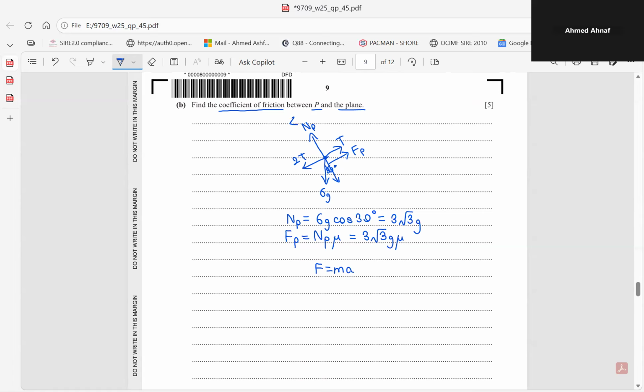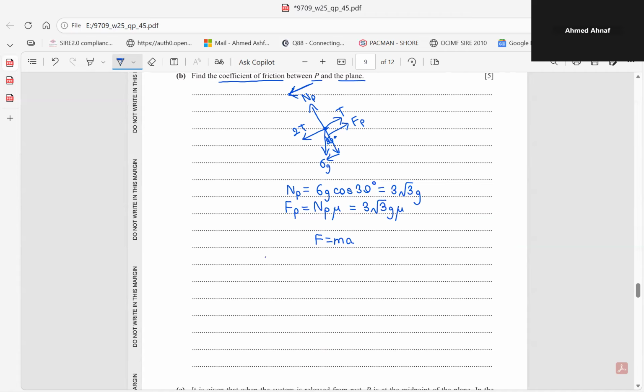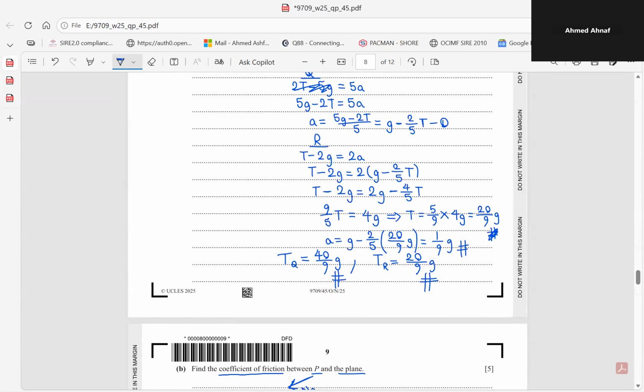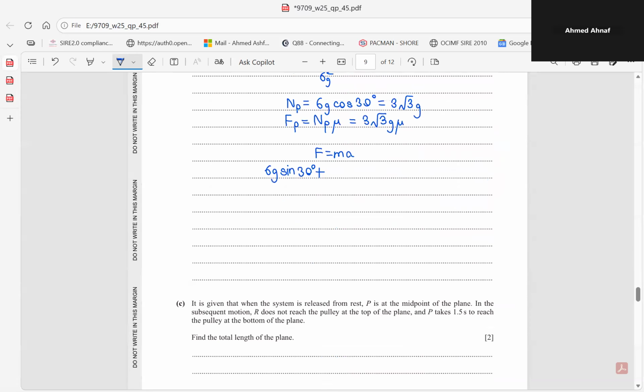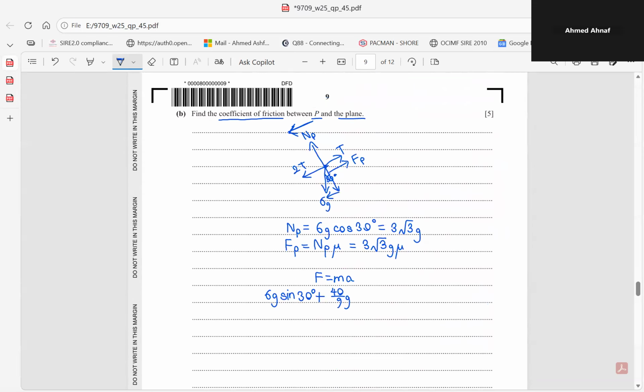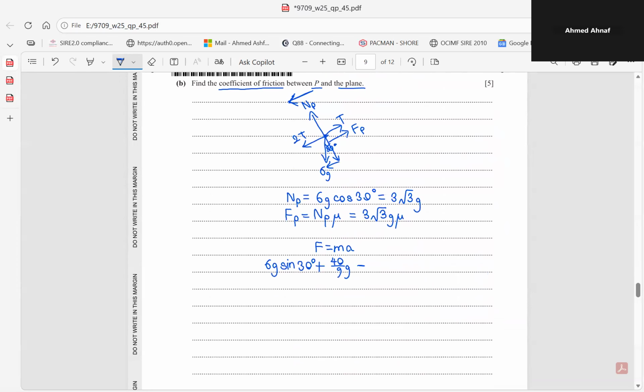Since it's moving in this direction, we'll take the forces acting in this direction first. So that includes the horizontal component of your weight, which is 6g sine 30 degrees, plus 2T, which is 40 over 9g, minus T minus FP.